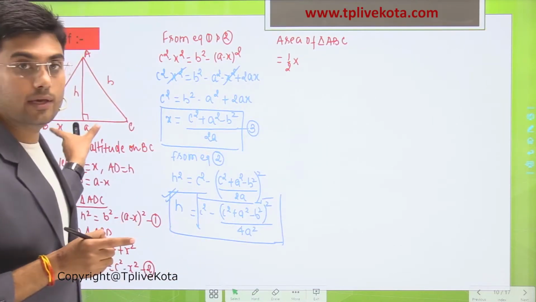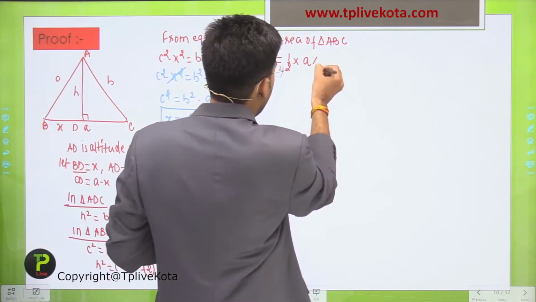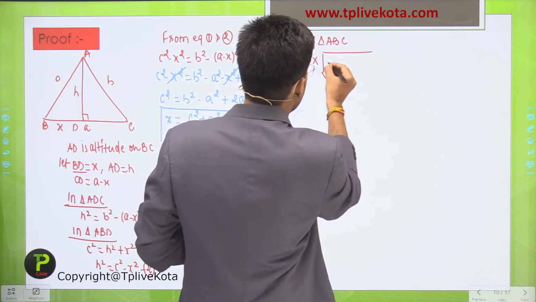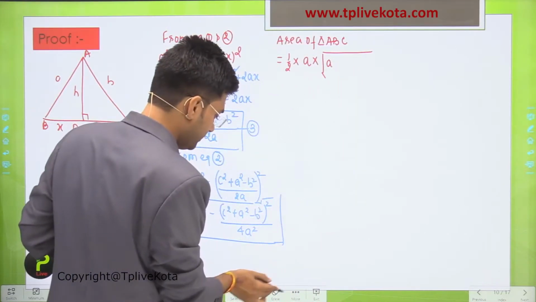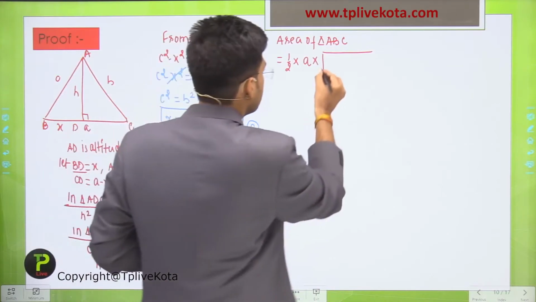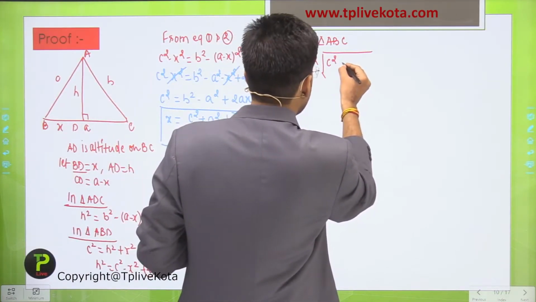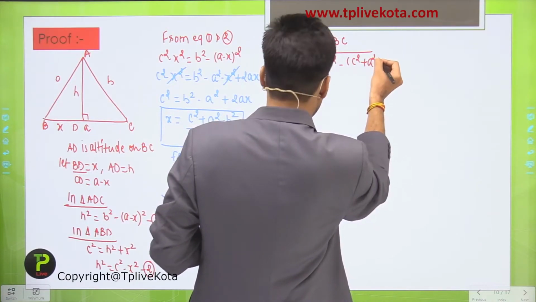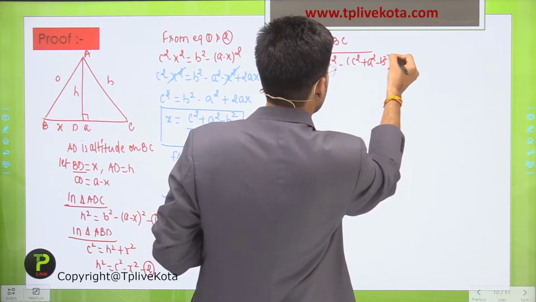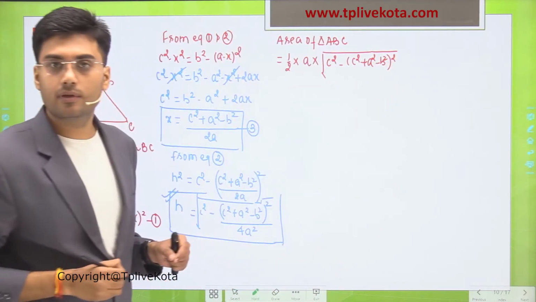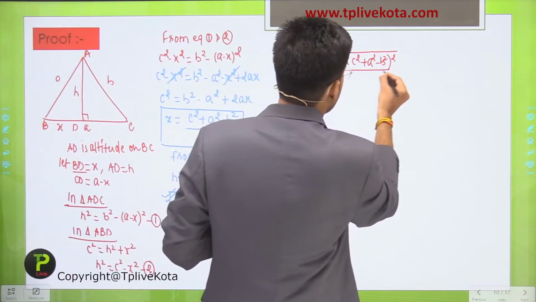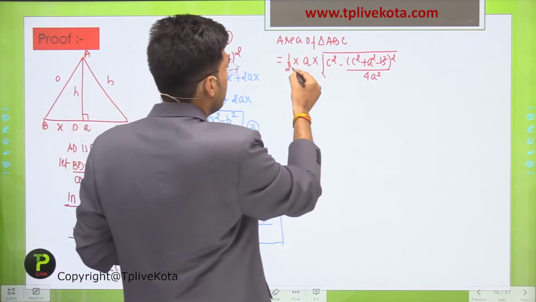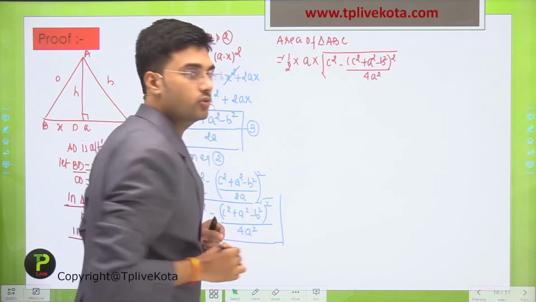Base is a, and height is under root c square minus (c square plus a square minus b square) whole square, divided by 4a square. Clear? Now let's transfer this half a into the square root.